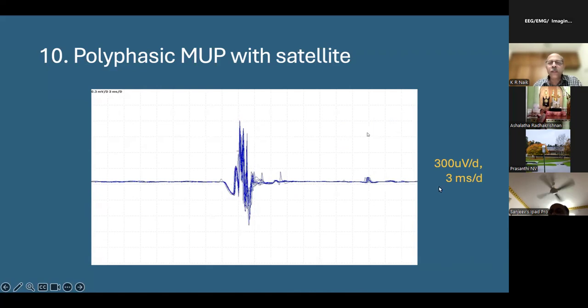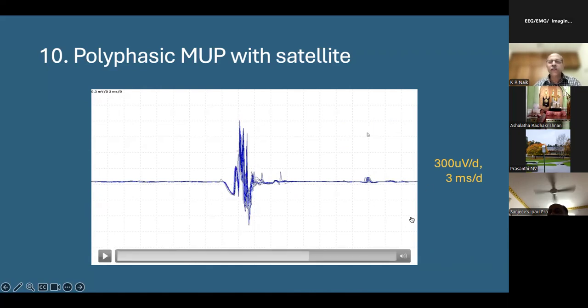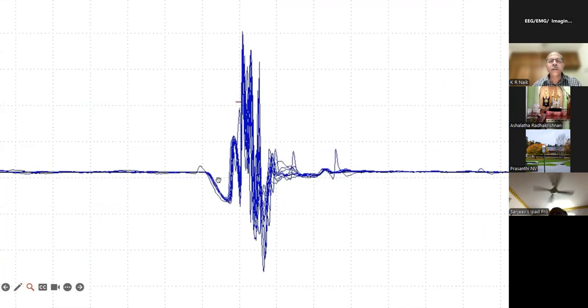Okay, now coming to what should be the measurement. Clearly it's a polyphasic MAP because here one, two, one deflection below, one above, down, above, below. So about 10 to 12 phases are there.